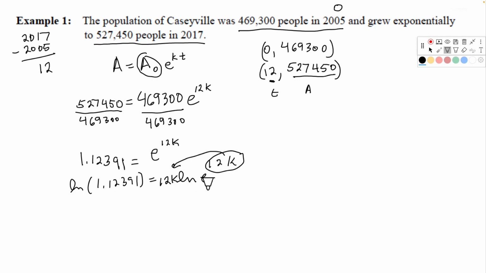So this is natural log of e. What's the natural log of e? 1. So what we get is the natural log of 1.12391 equals 12k. So to solve for k, divide both sides by 12, right?